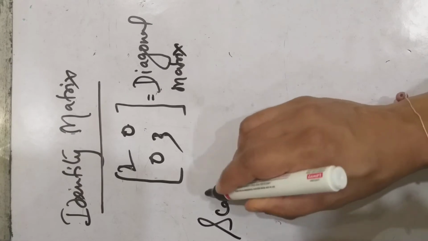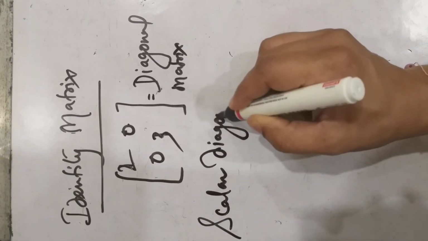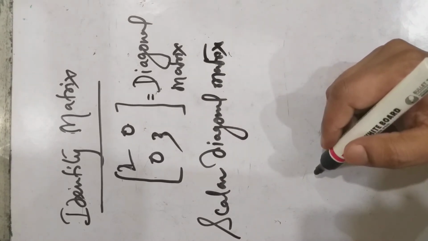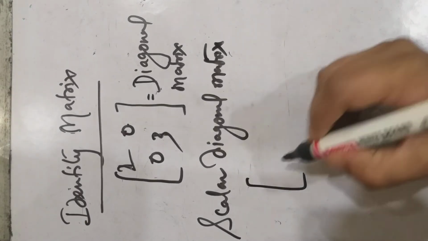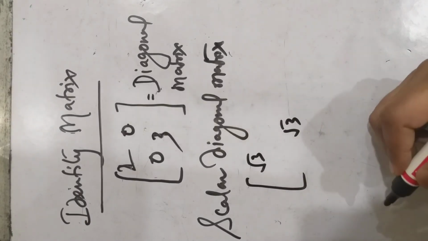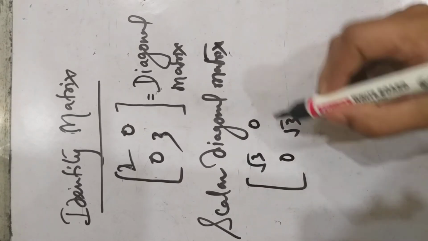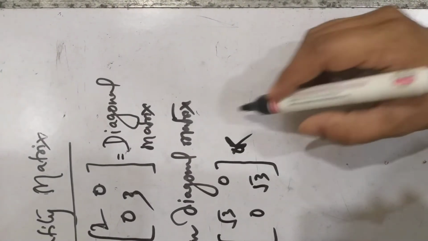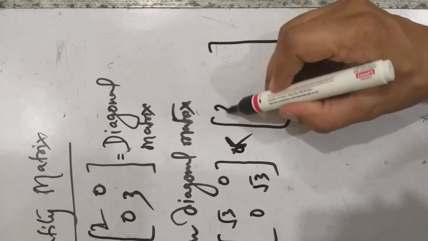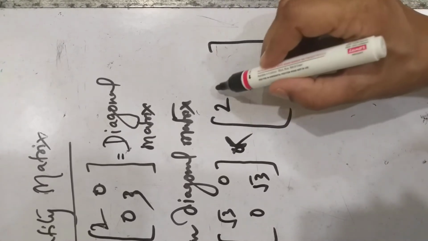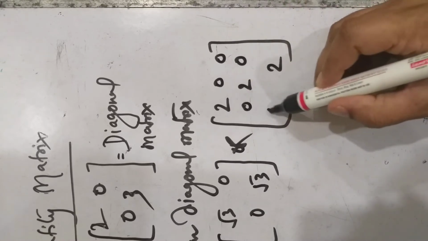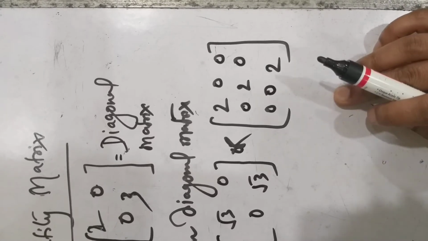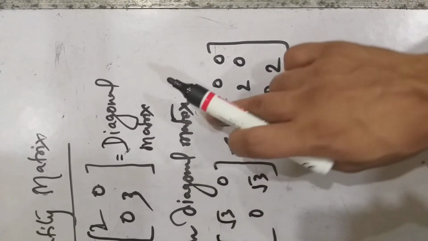Sometimes you see a scalar diagonal matrix, which has a particular number in the diagonal and the non-diagonal is 0. There can be one more example in 3 cross 3: 2 2 2 on the diagonal and 0 elsewhere. So the diagonal is the same and non-diagonal are 0. Such a matrix is called a scalar diagonal matrix.